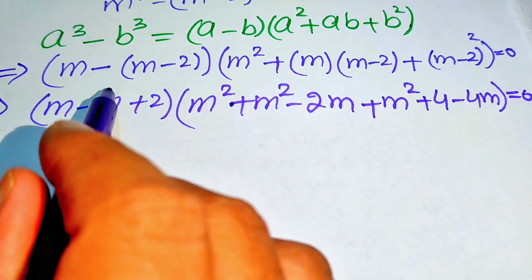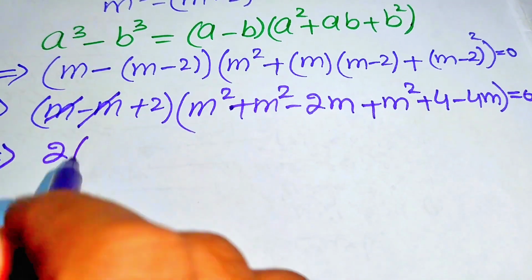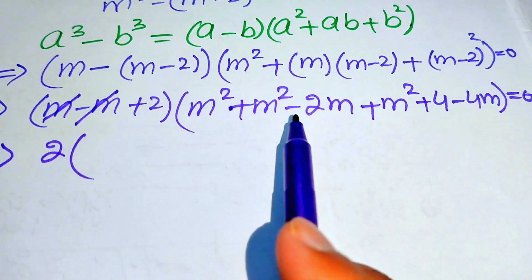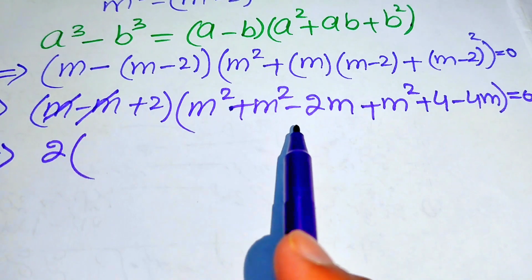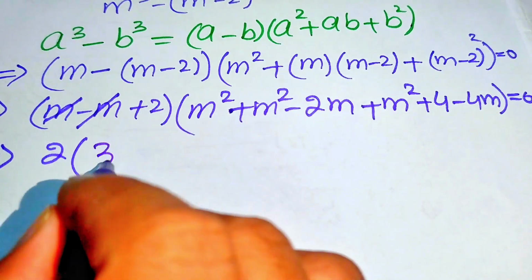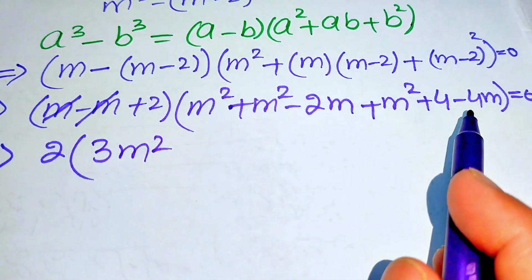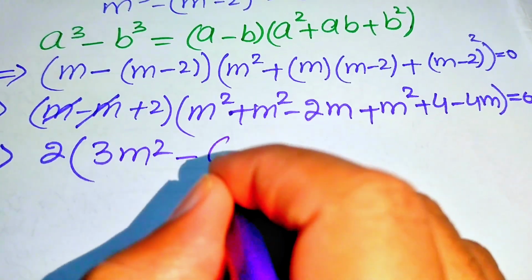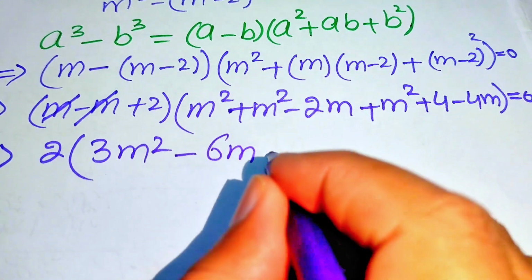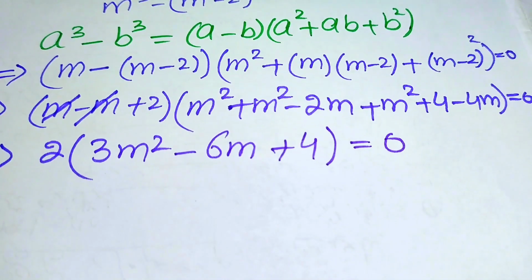In the next step, you see here the negative and positive m are gone, and we obtain only 2. Here we add or subtract the like terms, and we have m squared plus m squared plus m squared equals 3 times m squared, and we have minus 2m minus 4m equals minus 6m, and this is plus 4 equals 0.